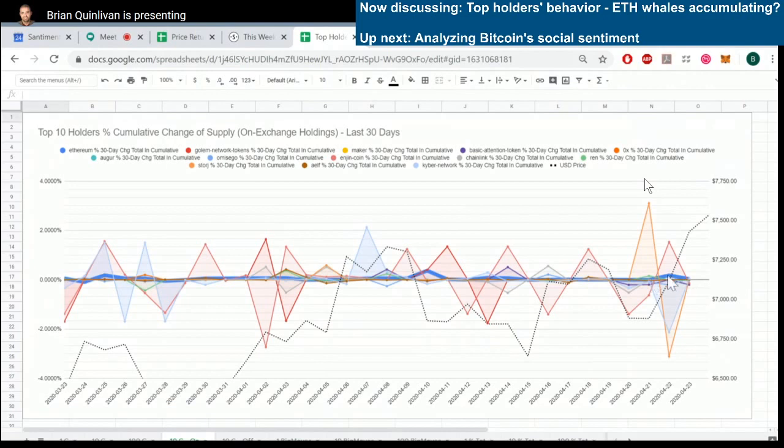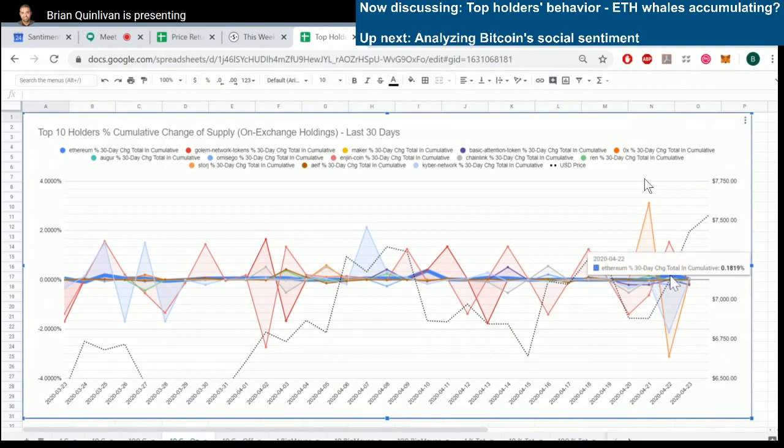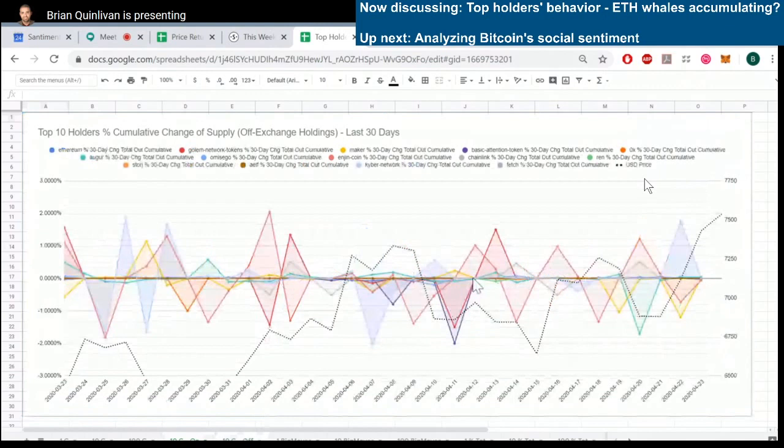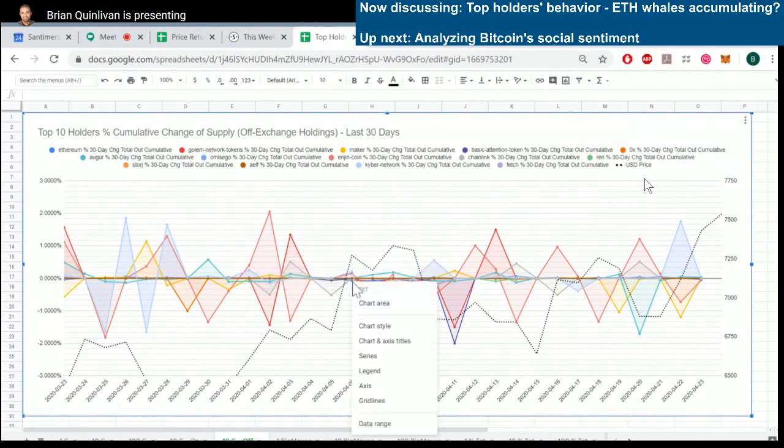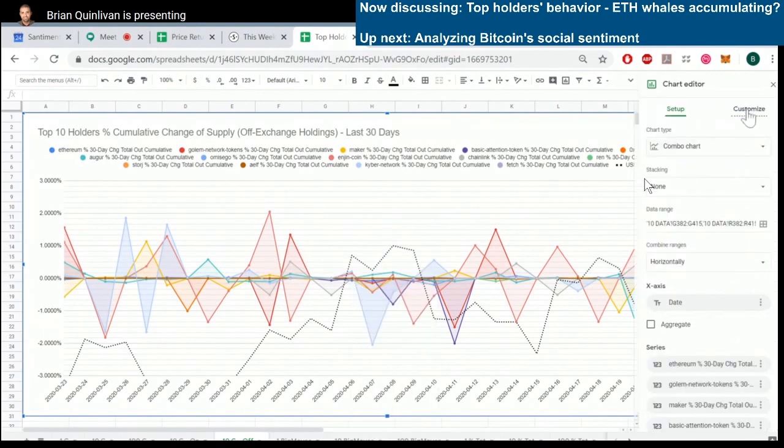And this is the top 10 holders of Ethereum, but those not belonging to exchanges, or the addresses not belonging to exchanges. And then we have the off exchange. Let's see if I can do the same thing there. If I can pinpoint Ethereum, it might be a little tricky. Maybe we could find it on... oh, here we go. Let me see if I can snag that really quick.